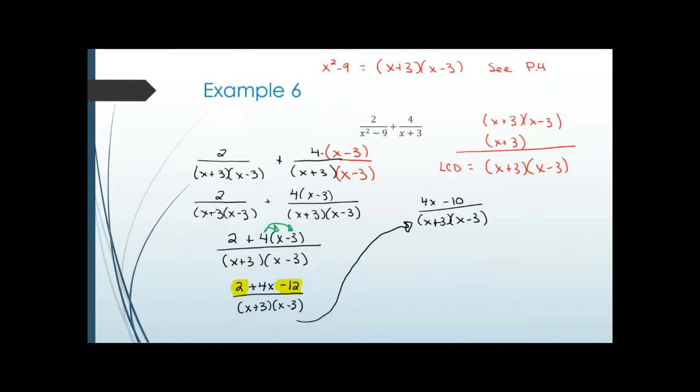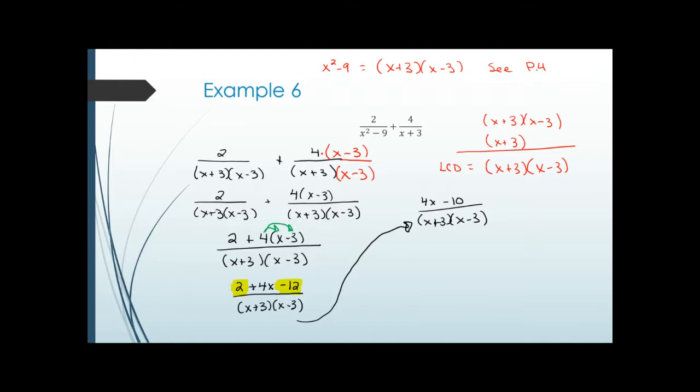Now that I've combined like terms, we need to try to see if we can cancel anything out. So I need to factor the top. And whenever you don't have an x squared, it's always going to be factoring in terms of the greatest common factor. So I'm looking for the greatest common factor between 4 and negative 10.